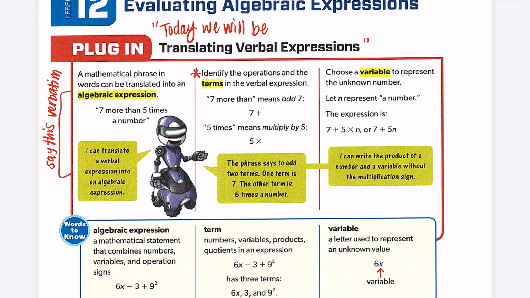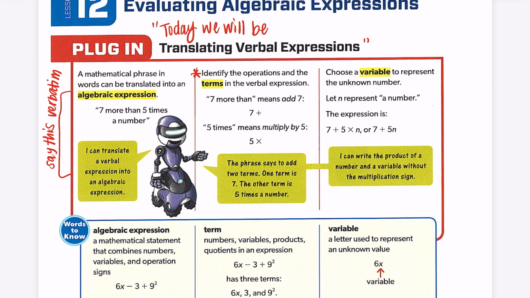The word more is a mathematical buzzword that indicates we need to add. So 7 plus something. And then when we see 5 times, the word times is a mathematical buzzword that indicates we need to multiply. So 5 times something.